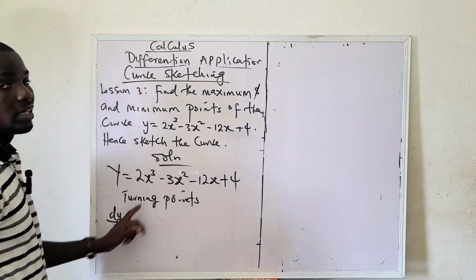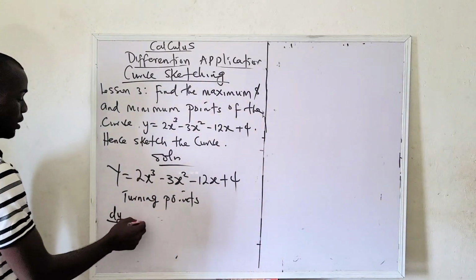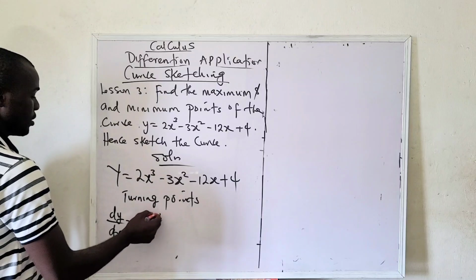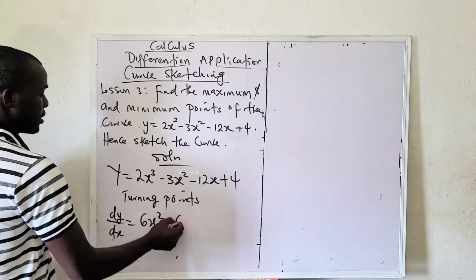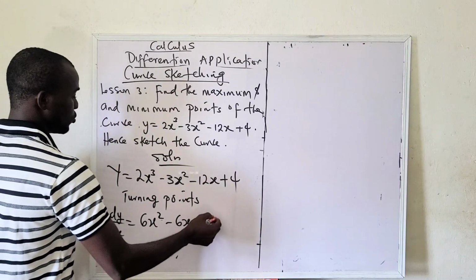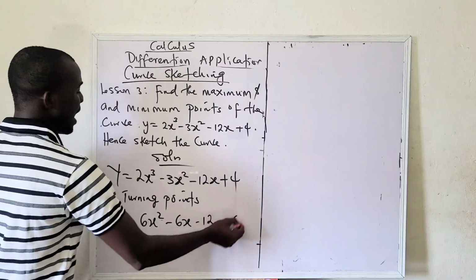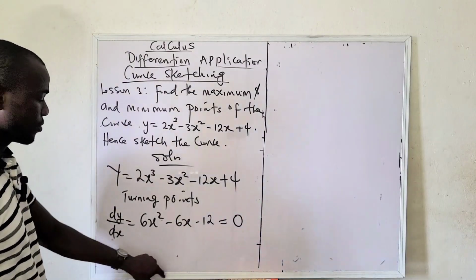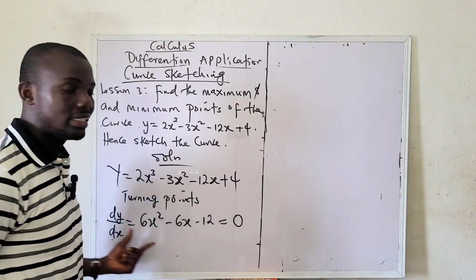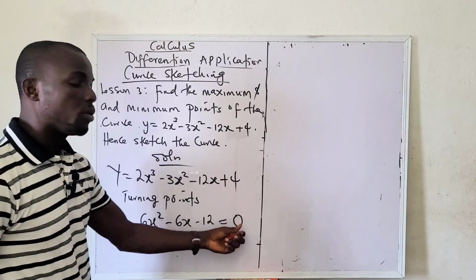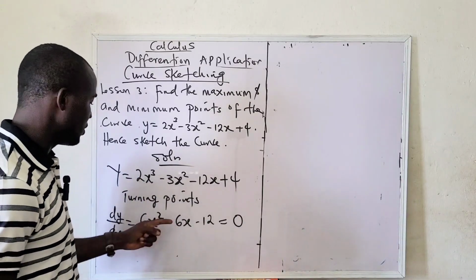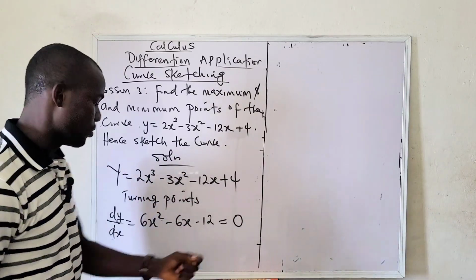It will be 6x squared minus 6x minus 12, equal to 0. Look at this very well. At turning points, the change in y with respect to x is 0.